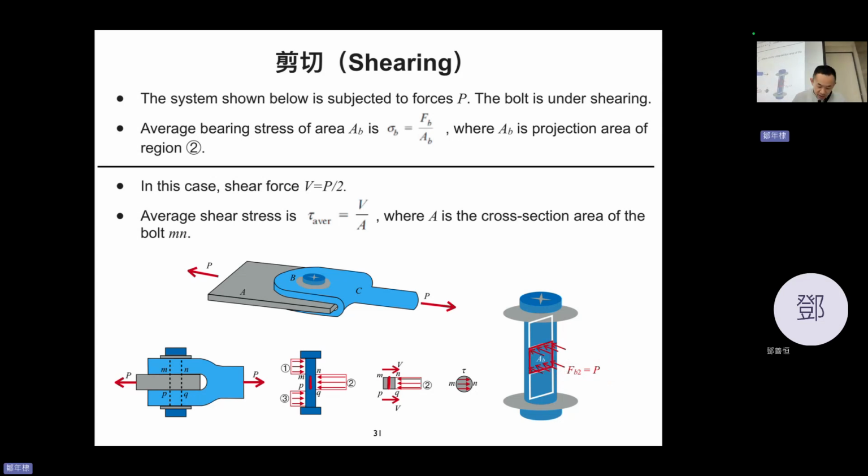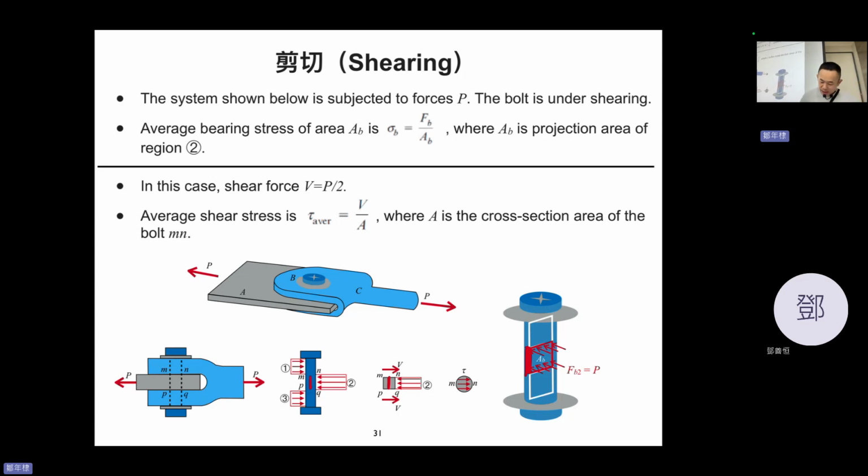You see, this area, or you can say this line is this line. All right? Okay? So you shouldn't draw like this. No, it should be a line. Okay? So this is the force FB2 equal to P.